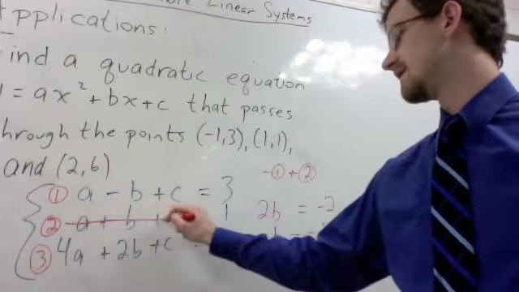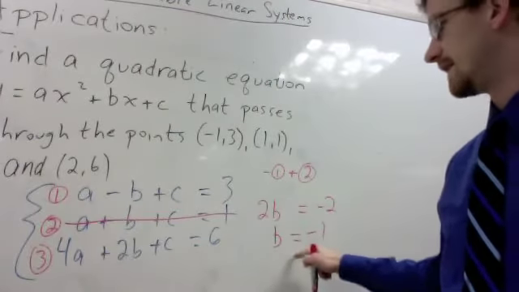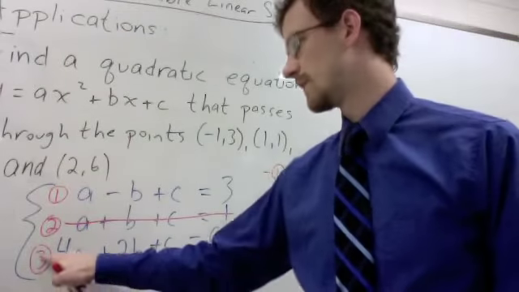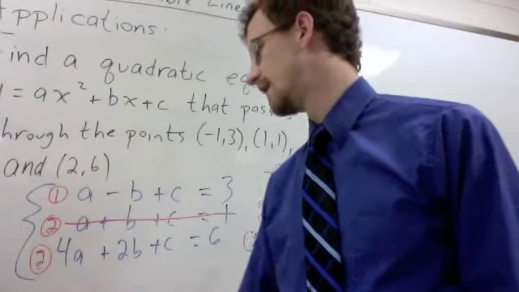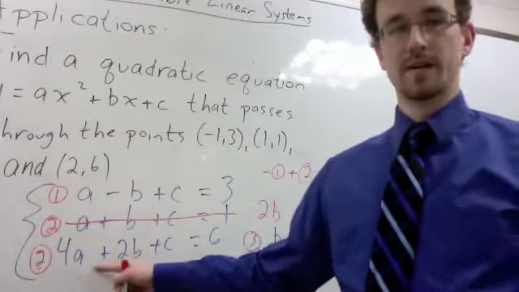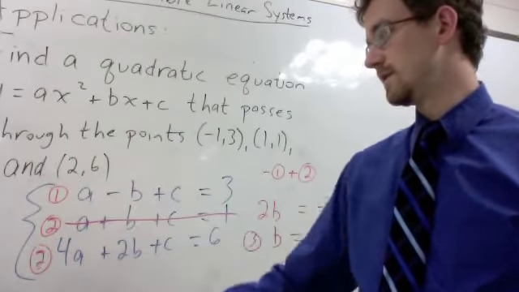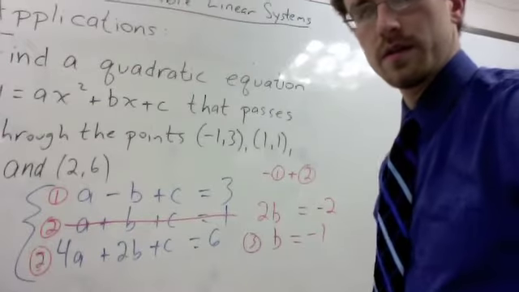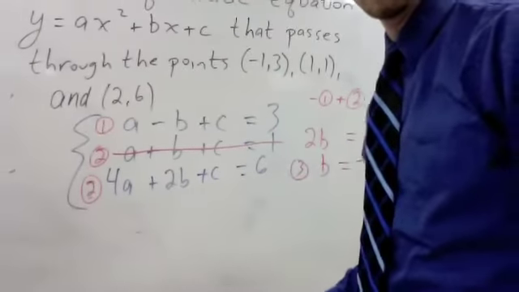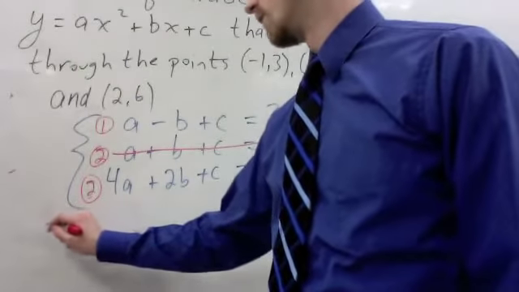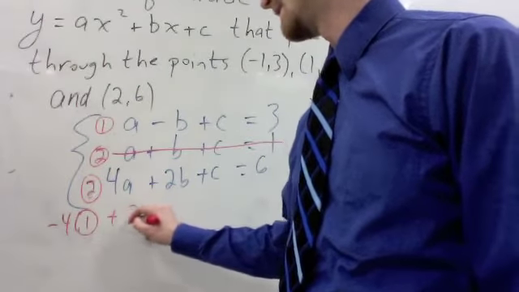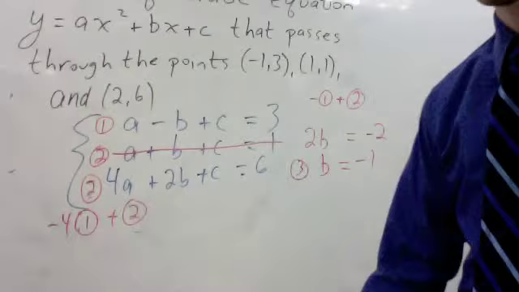So this equation is taken care of, and this is our new equation 3, and we can call this one equation 2 instead. In order to get rid of our a in equation 2, you can take negative 4 times equation 1 and add that to equation 2.